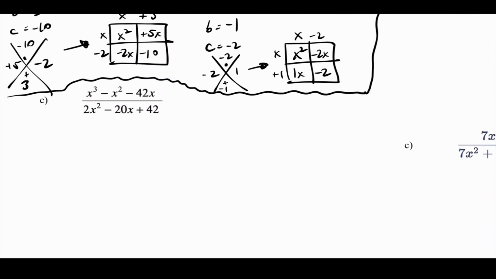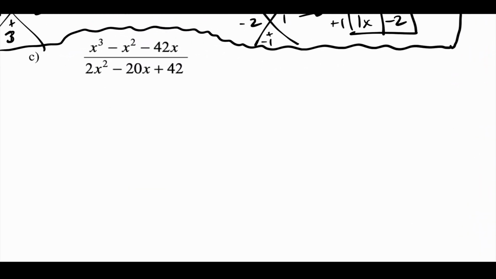All right. Okay, so letter C now. Letter C. They're both trinomials. But what do you notice about both trinomials that's different than the ones we've seen before?